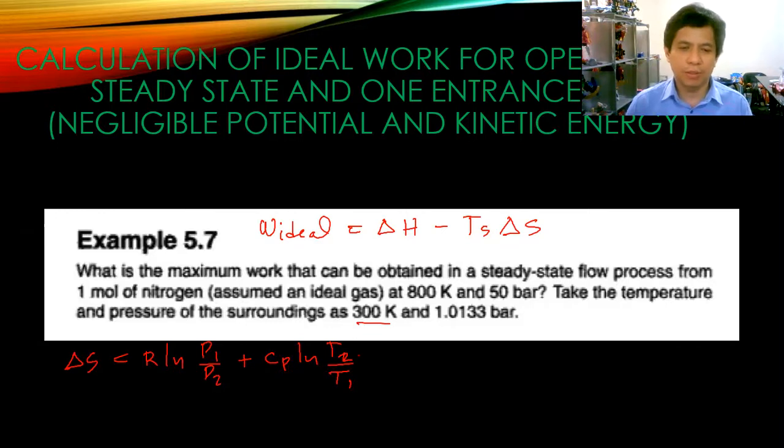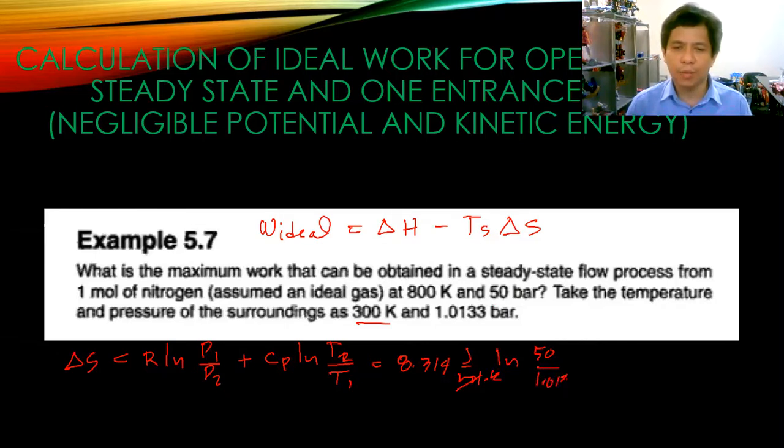So just substitute everything. For example, let's use R of 8.314 joules per mole per Kelvin, with 1 mole of nitrogen, so that drops out since we're using 1 mole. Then ln, the initial pressure is 50 bar, divided by 1.0133. The units cancel out, so you don't really need to convert the bars.